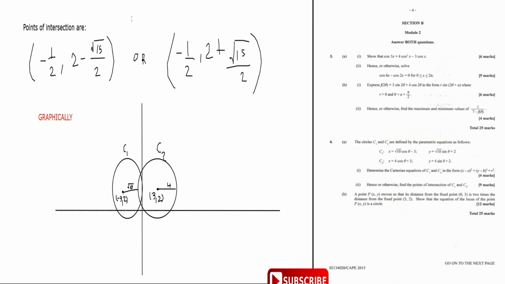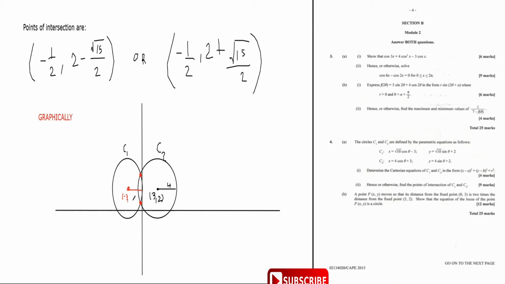All right, and these are the 2 points of intersection with the same x values. Let me put it in red. These are the 2 points of intersection, x being minus a half, x being right here, right? And that's that. The center of this circle is minus 3, 2.